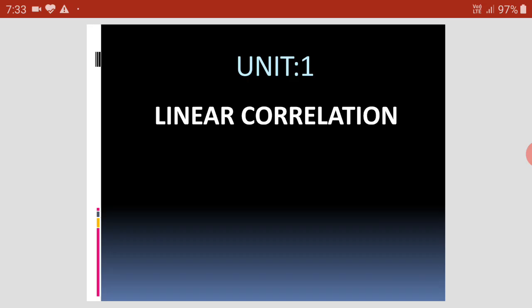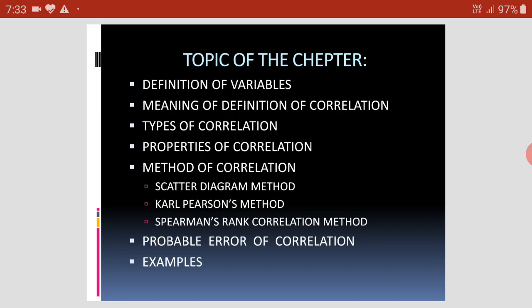First of all, we will clear the concept of correlation. Now the topics included in this chapter that we will study this semester: definition of variables, meaning and definition of correlation, types of correlation, properties of correlation, methods of correlation: scatter diagram method, Karl Pearson method, and Spearman's rank correlation method.